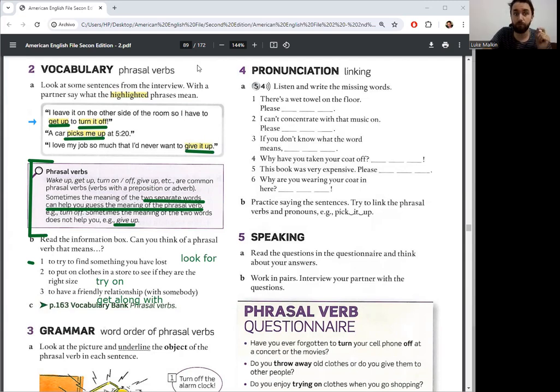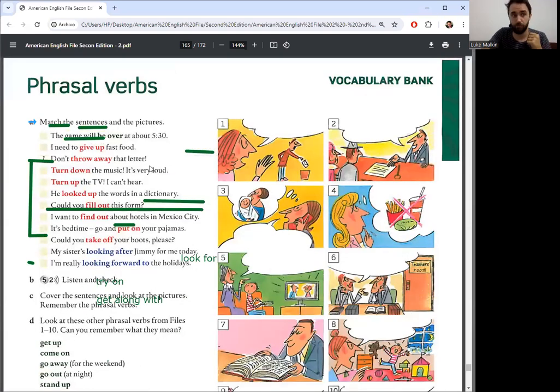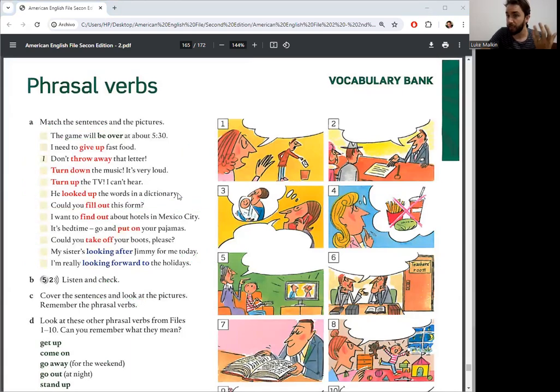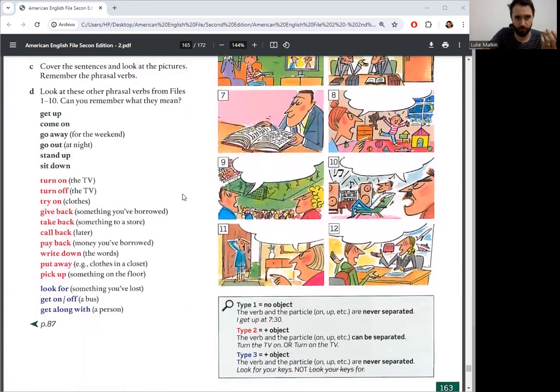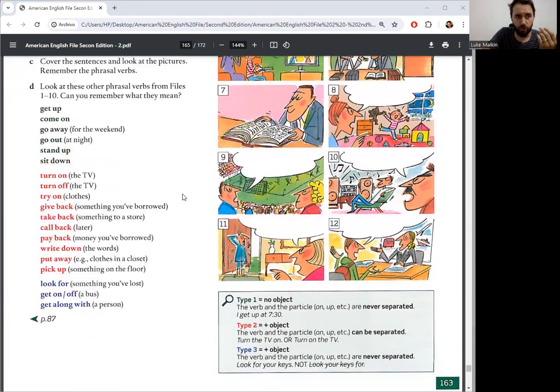So let's check the vocabulary bank. This is page 163. We have phrasal verbs, and some are familiar. Wake up, get up, look for, get along with. I'm interested in three different colors of phrasal verbs here.